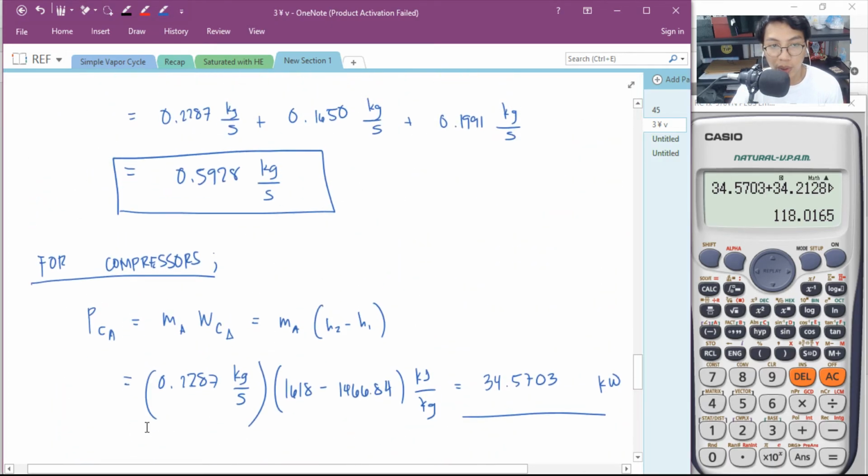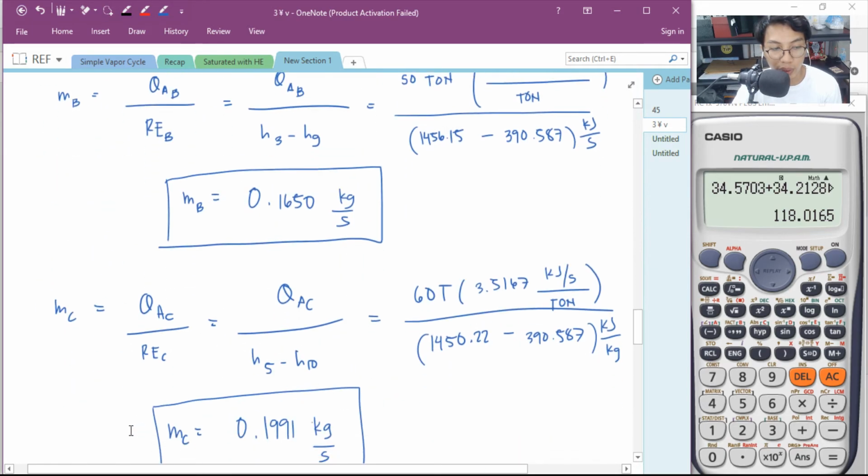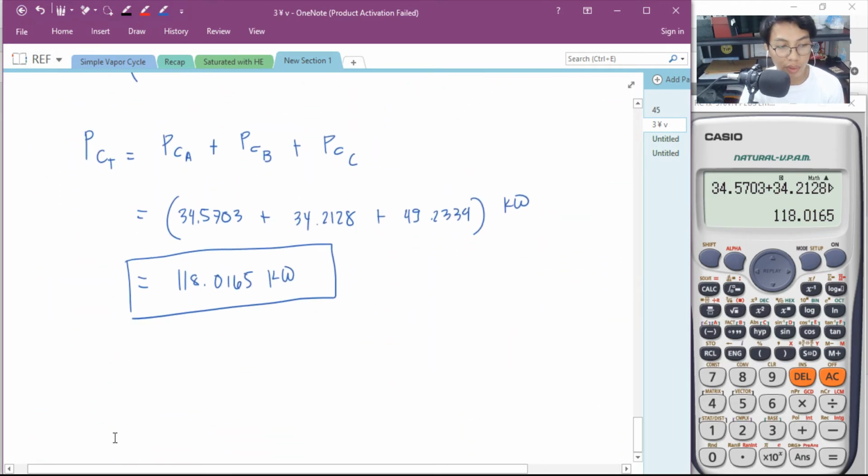Now, tignan natin yung total ng QA. Tignan muna natin, QA total is 70 tons plus 50 tons plus 60 tons.